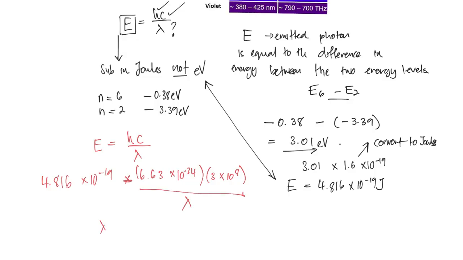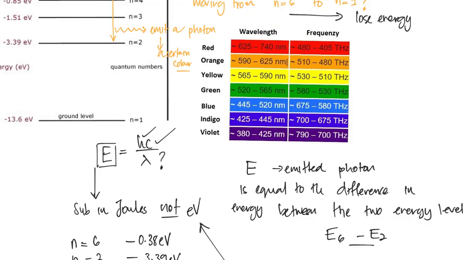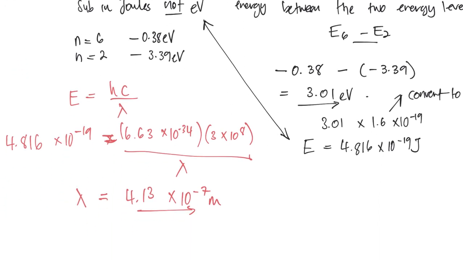Lambda is then equal to 4.13 times 10 to the power of negative 7 meters. Now, I need my answer to be in nanometers. So I'll say 4.13 times 10 to the power of negative 7 divided by 10 to the power of negative 9. And that's going to give me a total of 412.99 nanometers.